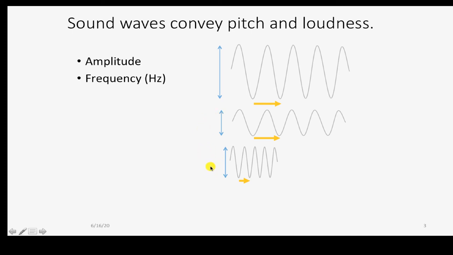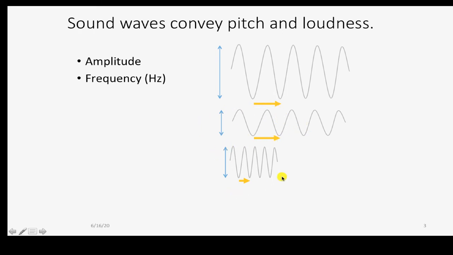sound waves. They are the same height, just about. But notice if we look at the number of peaks in this short segment here, in this sound wave, there's only two. 1, 2 in this sort of zone.